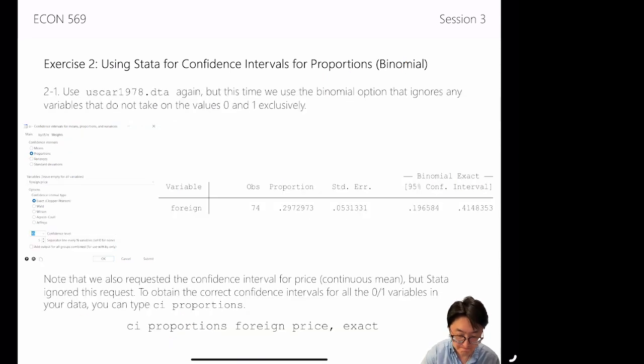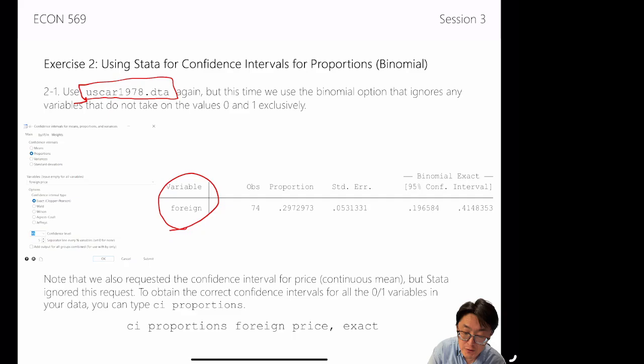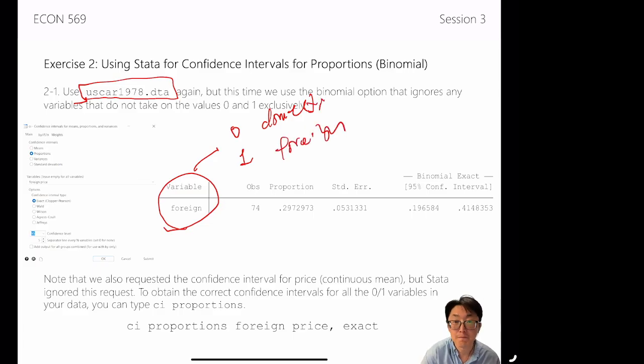So that's good. Now, remember when we used the US car 1978.dta, the foreign variable is whether it's a domestic or foreign manufactured car.